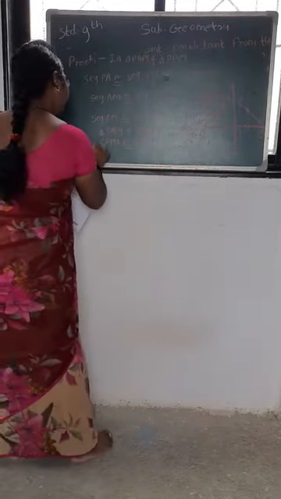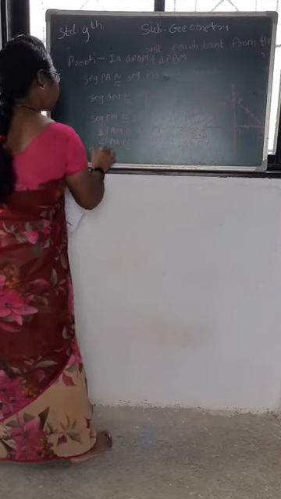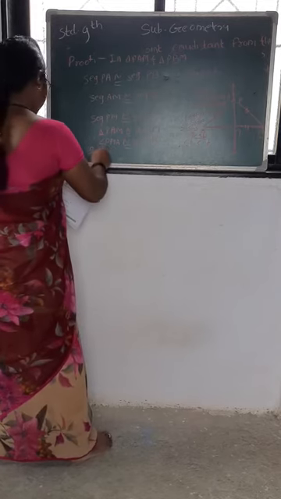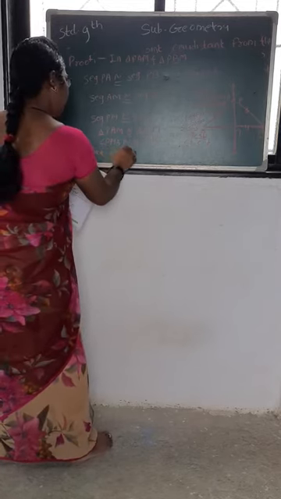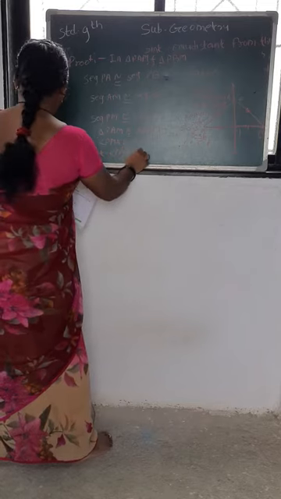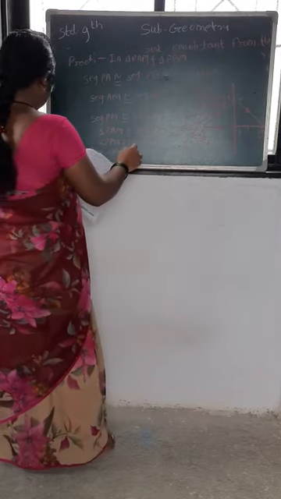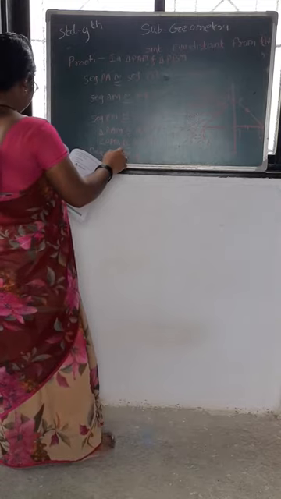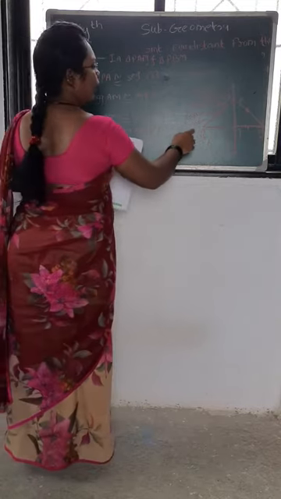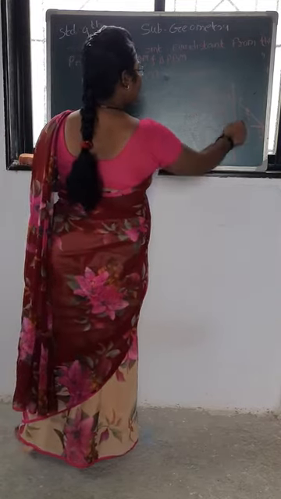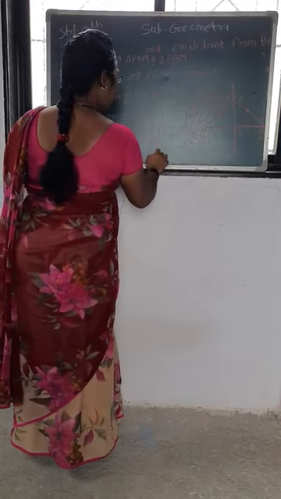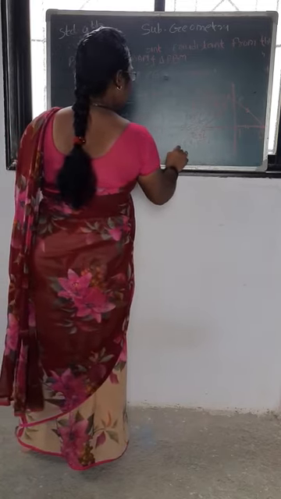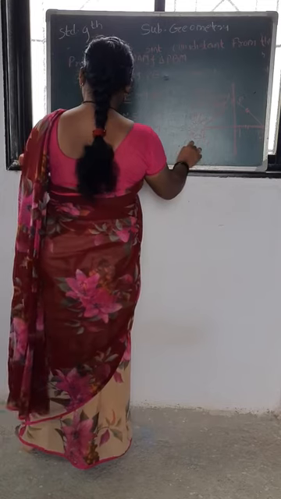But angle PMA plus angle PMB is equal to 180 degree.